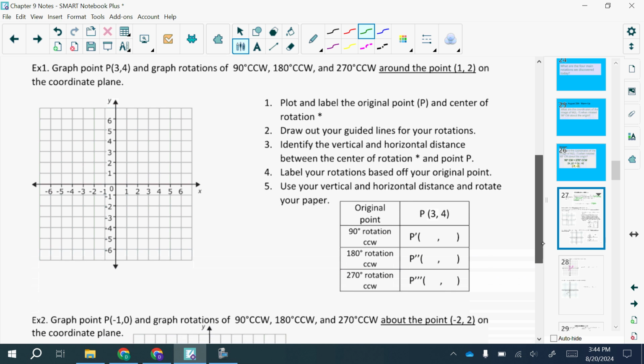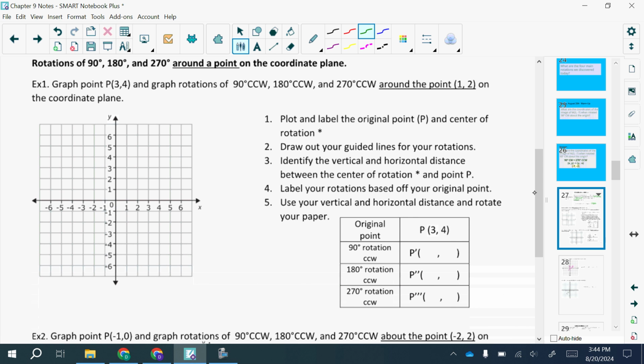So here's essentially how it's going to go. You can listen to me. You don't have to read these steps 1 through 5 on the side. Here's the situation. Say we have the point P right here at (3, 4). Call this P. It wants us to rotate this point around the point (1, 2).